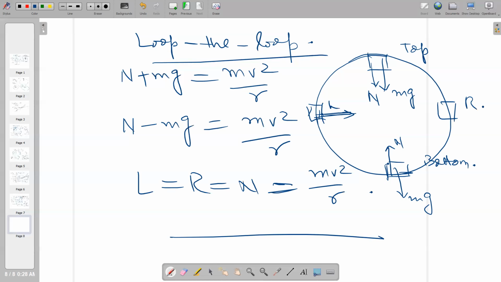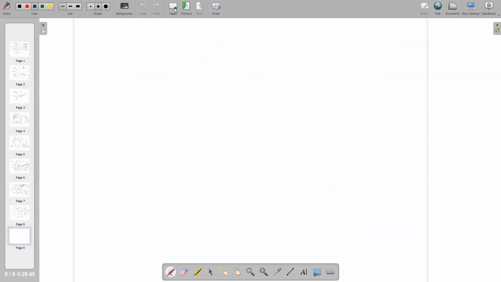Other than this, there is nothing in this chapter. What you have to remember is that Fc is equal to mv square over r, and sometimes this Fc is equal to T, the tension.